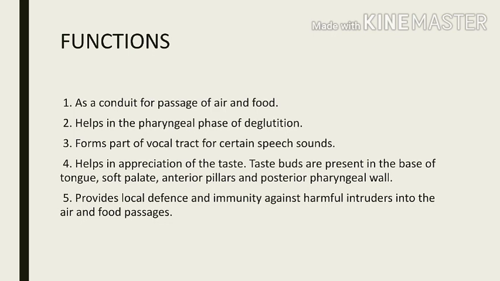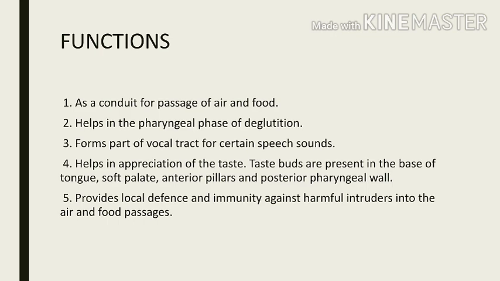Then it helps in appreciation of taste. There are taste buds present in the base of the tongue, the soft palate, anterior pillars, and the posterior pharyngeal wall. Earlier, they used to say that taste buds have specific sites for sourness, saltiness, spice, and sweetness. But now it is generalized that there is perception of all these tastes on all parts of the base of the tongue, soft palate, and other structures.